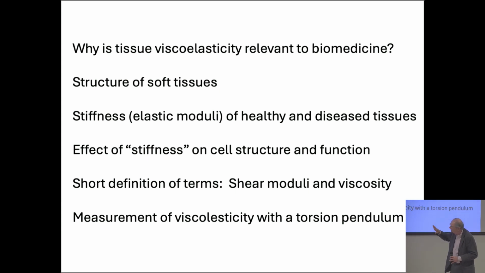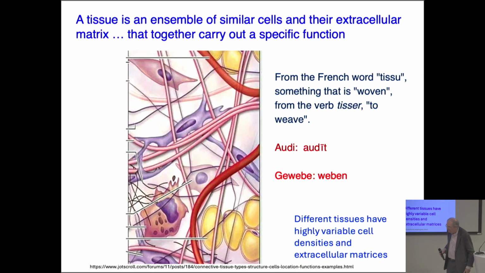So I want to spend a few minutes on this. I hope you've seen some of this simple solid mechanics before, but if not, I'll try to go over it as quickly as possible, and then we'll demonstrate pretty much the principle, but also the practice of how you can measure the elasticity and the viscosity of a tissue. Okay, so what is a tissue?